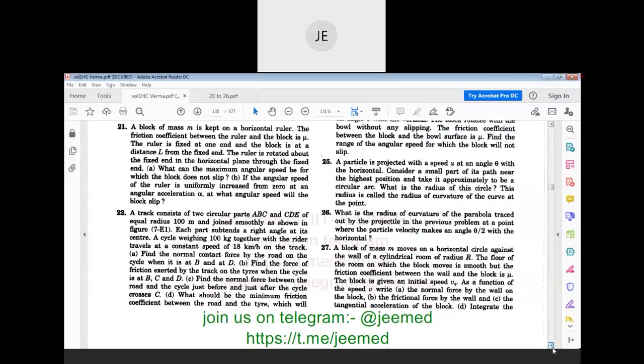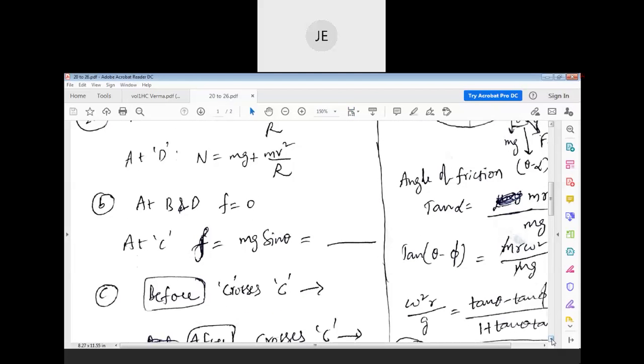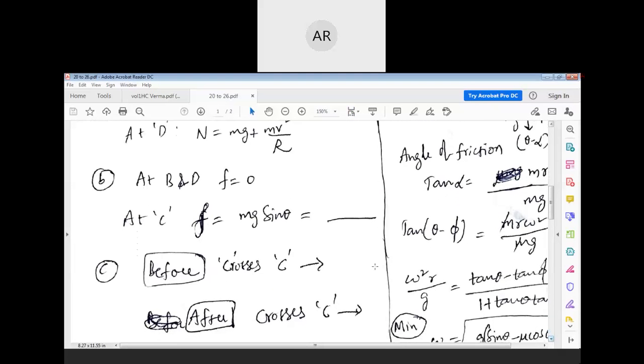The next question: find the normal force between the road and the cycle just before and just after C. The formula is mg cos theta minus N equals mv square by r. N equals 707 minus 25, that is 683 newtons.